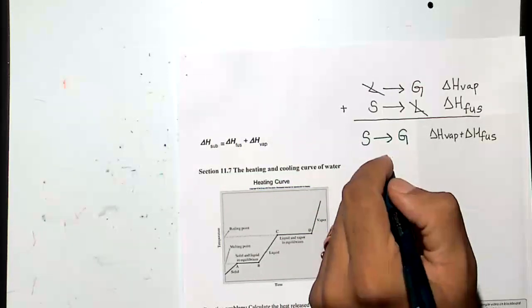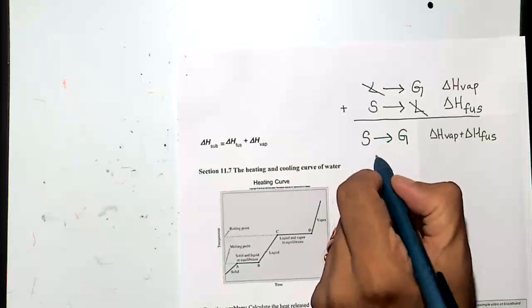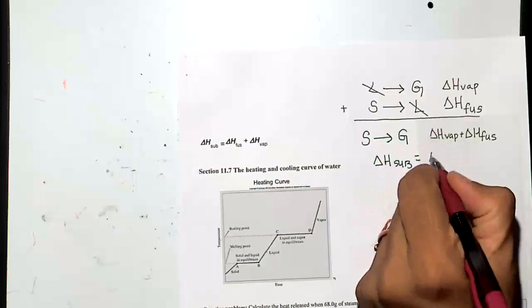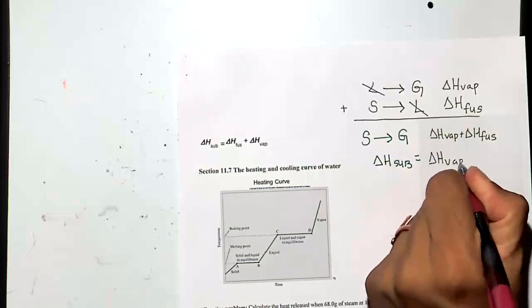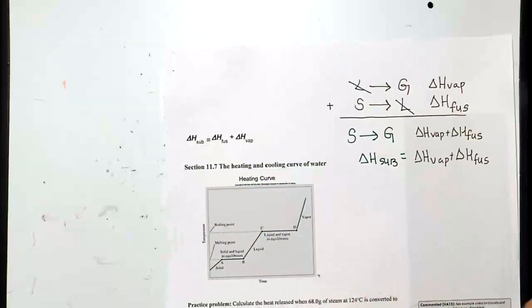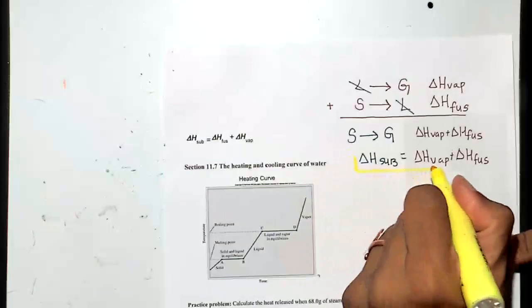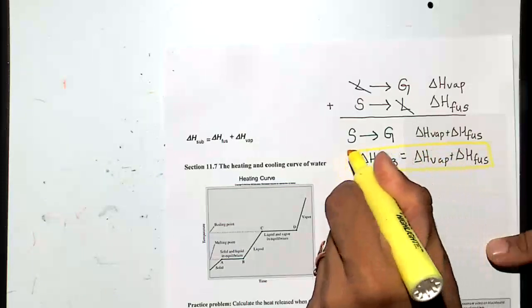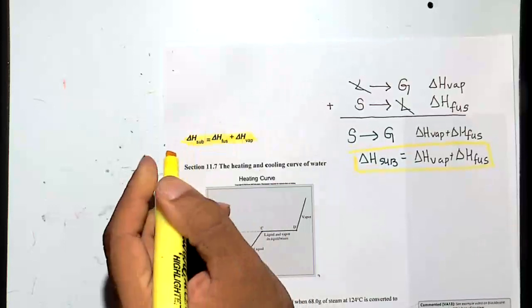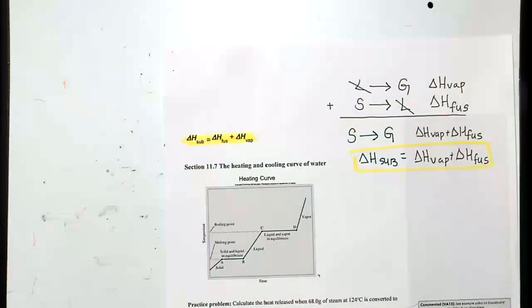But what is solid going to gas? Sublimation. So delta H sublimation is equal to delta H vaporization plus delta H fusion. That's a neat little equation you can keep in the back of your mind.